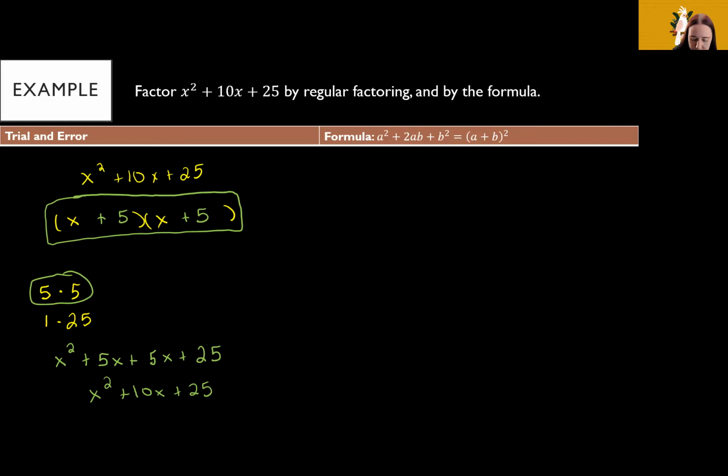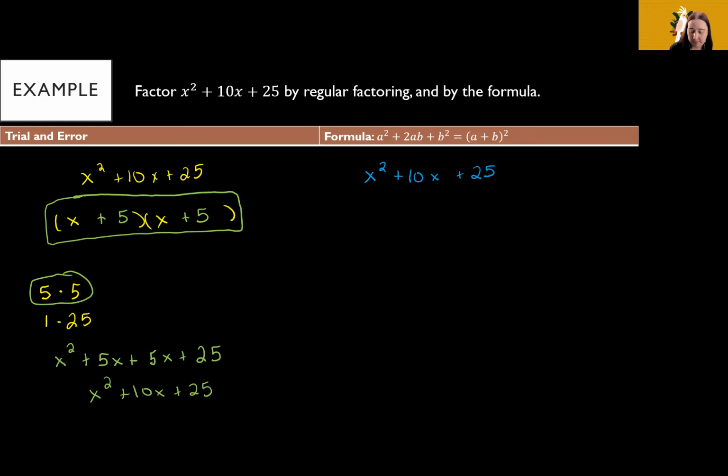So first I'm going to start with rewriting it again. I got X squared plus 10X plus 25. So to recognize that we have a perfect square trinomial, your first term and your last term need to be things that are squared, or that you can take the square root of. So we already have X squared.